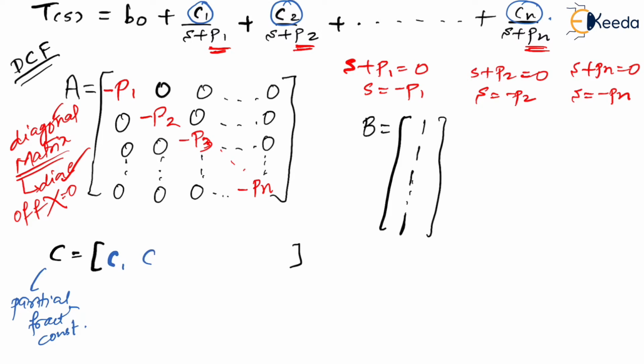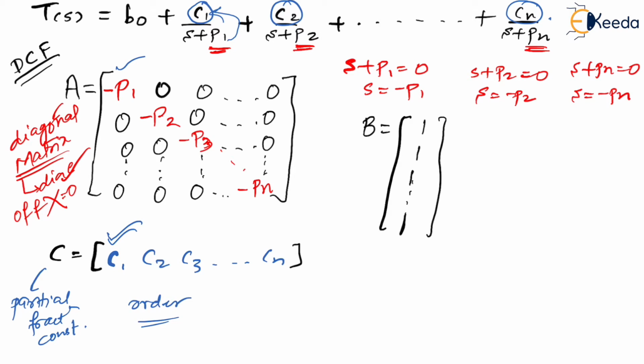So here I am going to have C1, C2, C3, Cn. Now here is the concept. See here, if in the A matrix I have written minus p1 first, then I have to write C1 first here, meaning whatever is there on top of the pole you have to write in the same order, which means order is very important.